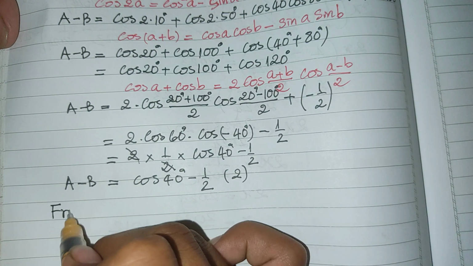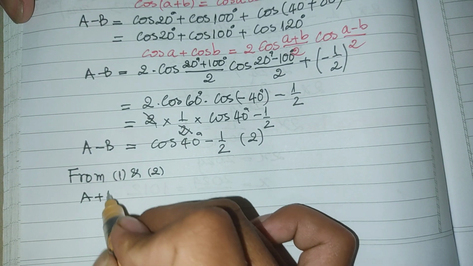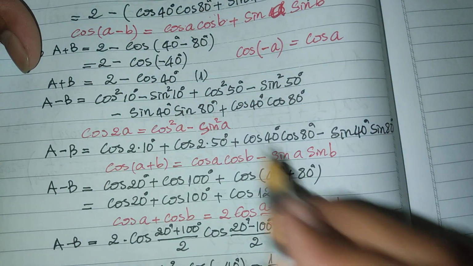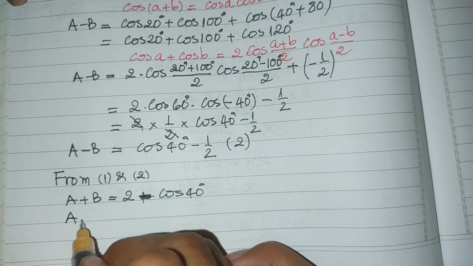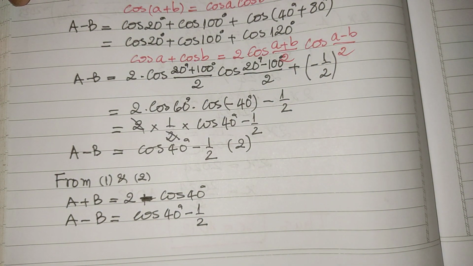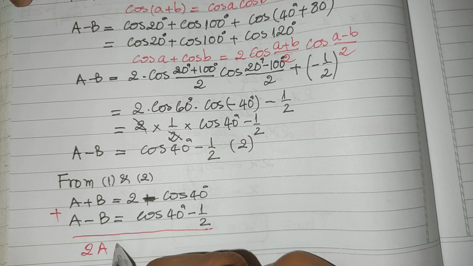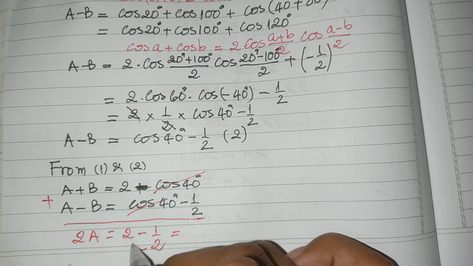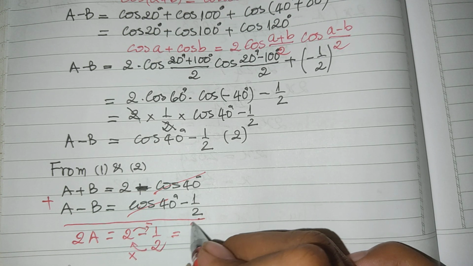From the first equation and the second equation we get a plus b is equal to 2 minus cosine of 40 degrees, and a minus b is equal to cosine of 40 degrees minus 1 divided by 2. Now adding them, we get 2a is equal to, we can cancel the cosine of 40 degrees, and we get 2 minus 1 divided by 2, so 4 minus 1 is equal to 3 divided by 2.